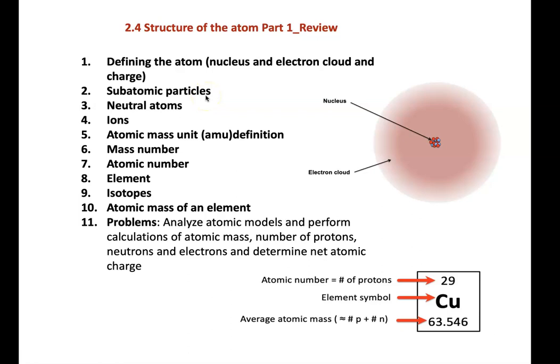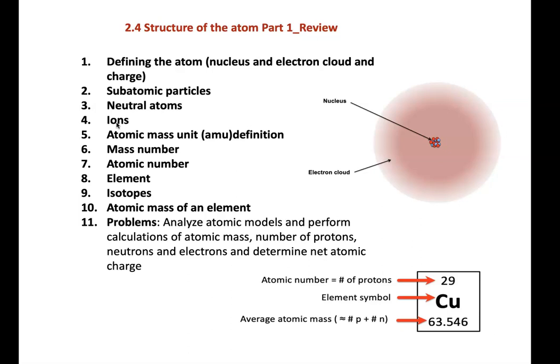Protons have a plus charge, electrons have a negative charge, and neutrons have no charge. Neutral atoms have equal numbers of protons and electrons, giving them a 0 charge. An ion is an atom that either lost or gained electrons. If you gain electrons, you have a minus charge. If you lost electrons, you have a plus charge.